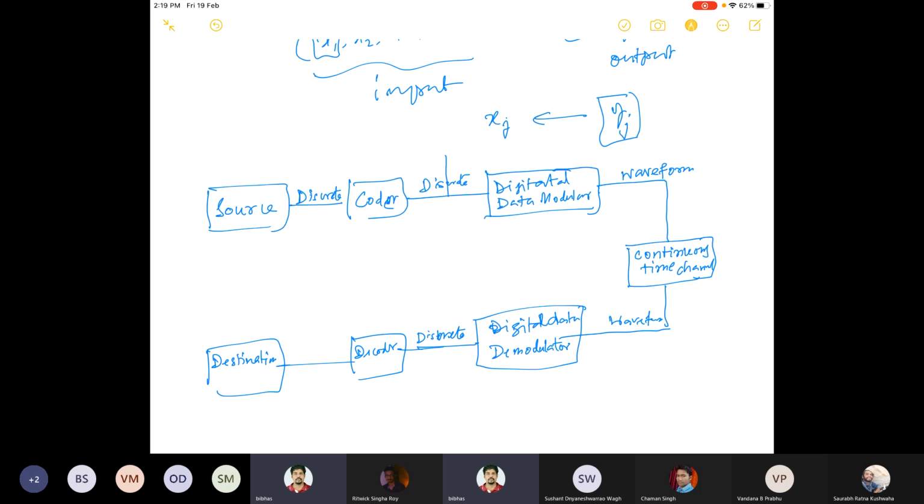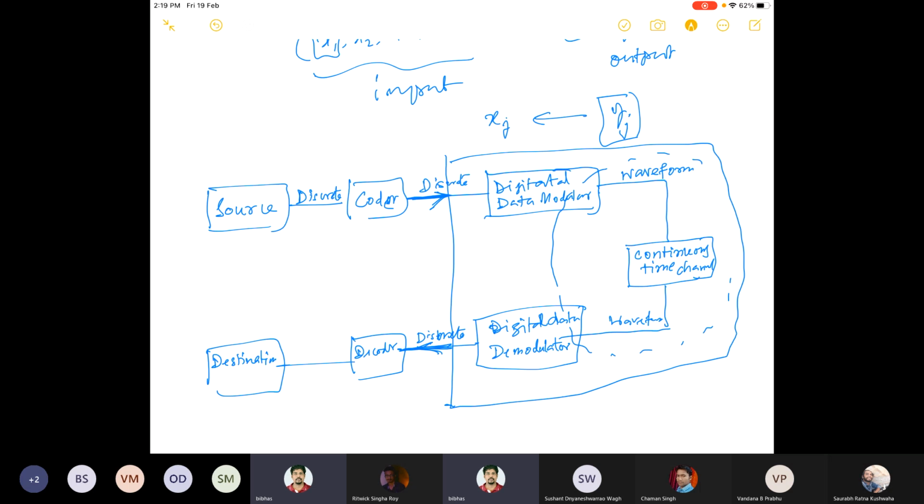So what we are talking about is this part basically, the discrete channel. Here the input is discrete, and here is the output. We are not focusing on this other particular part.